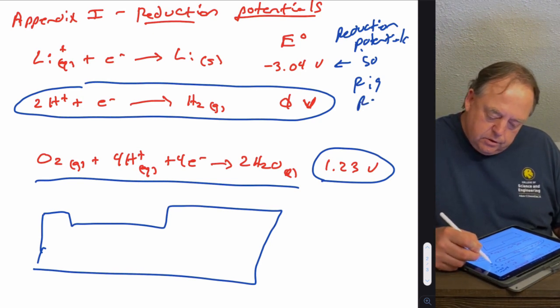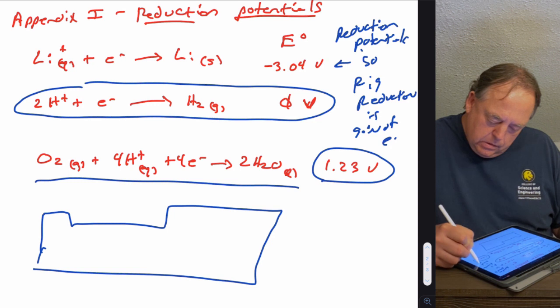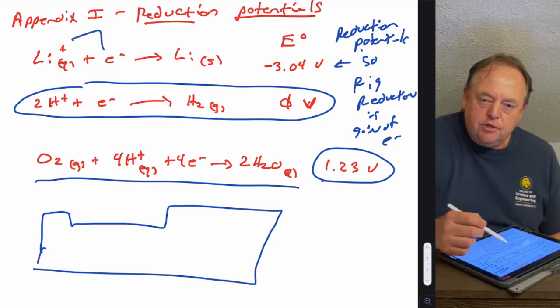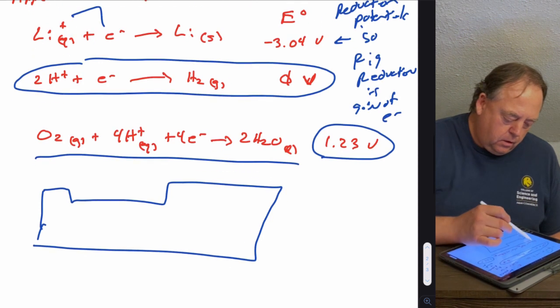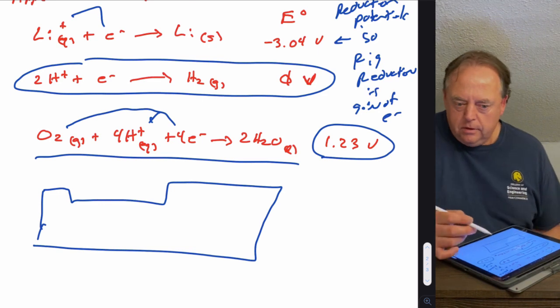Reduction, so oil rig. So reduction is gain of electrons. So lithium is gaining an electron to become lithium 0, or oxygen is gaining electrons and hydrogens to make water.